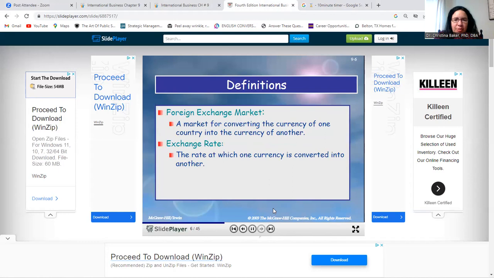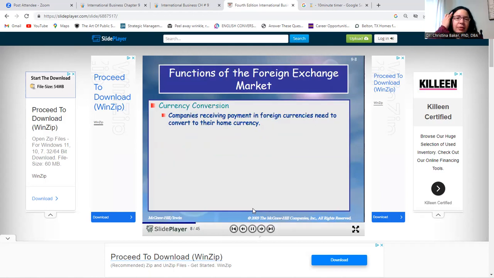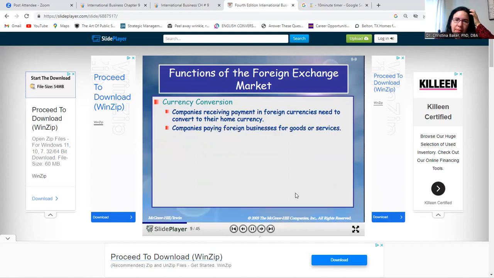Foreign exchange market: a market for converting the currency of one country into the currency of another. Exchange rate: the rate at which one currency is converted into another. Foreign exchange risk arises from changes in exchange rates. Currency conversion: companies receiving payment in foreign currencies need to convert them into their home currency.